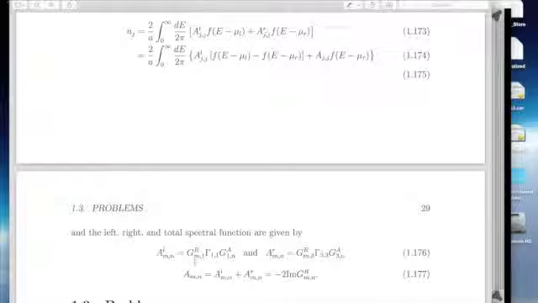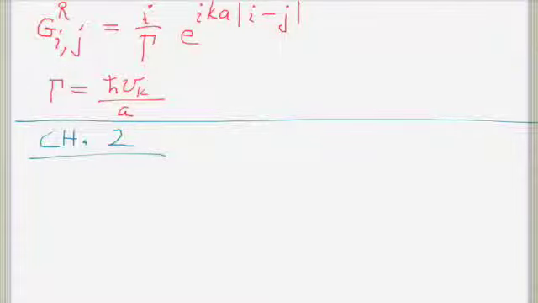Okay. Now we get into the good stuff. That was all how you actually go about calculating this stuff. First, in chapter 2, we start looking at the overall structure of the system equations that we need to solve. You've got this finite region, and this is the region where you need to get the electron density.